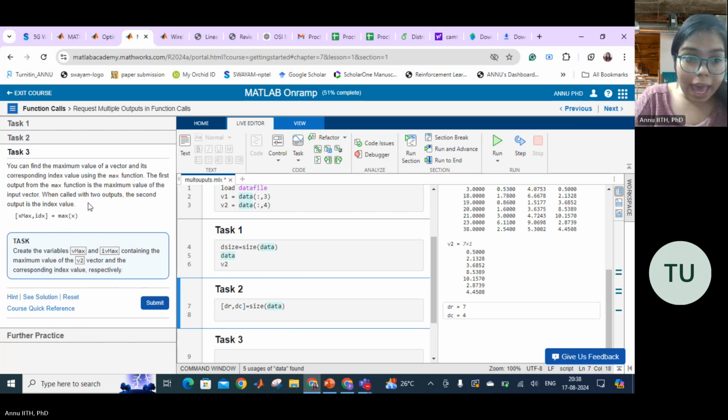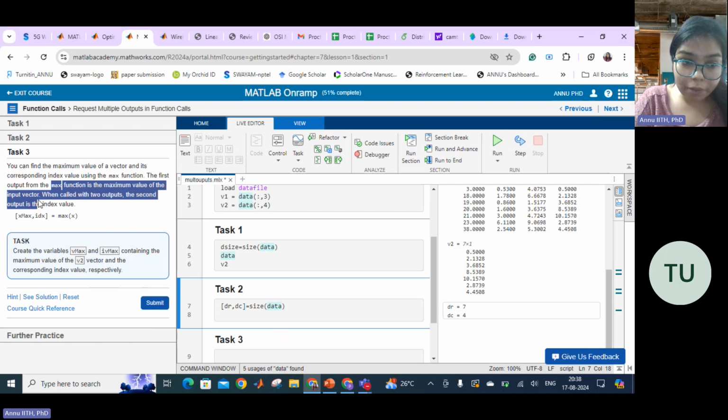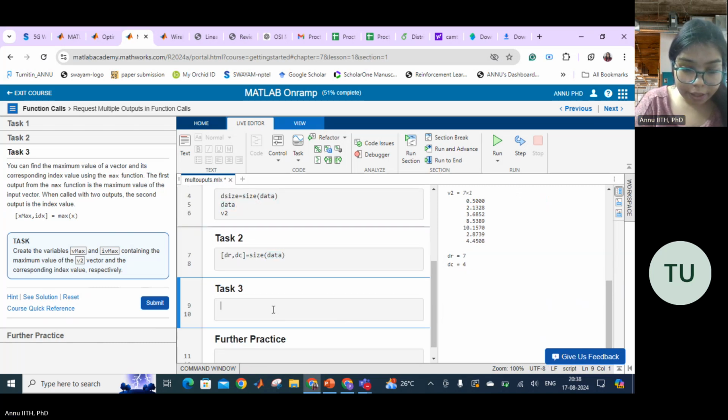Okay. And the first output of the max function is the maximum value of the input vector. Whereas the second value is index. So the task is create the variables Vmax and IVmax containing the values from vector V2. So let's go to task 3.